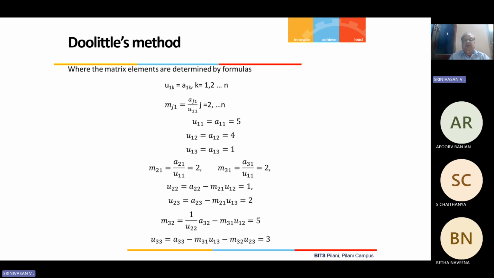U11 is fixed here. J varies from 2 to N. So this is the general formula. You can apply it and find out easily now.